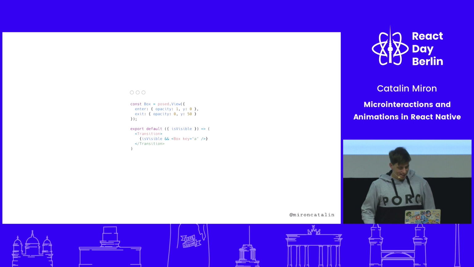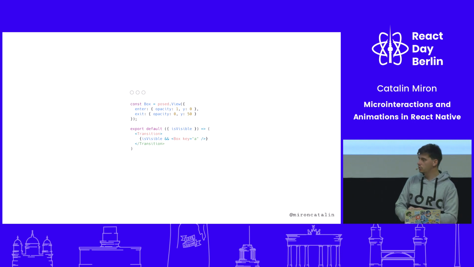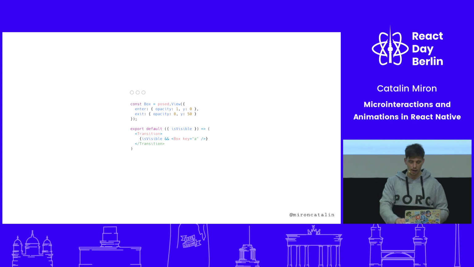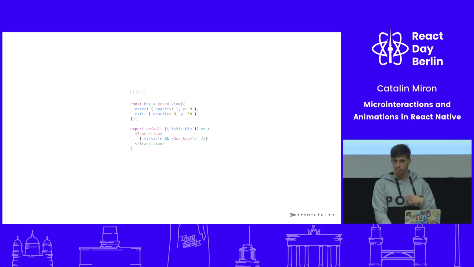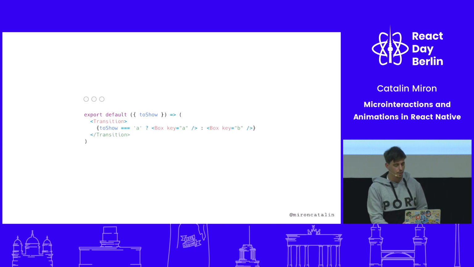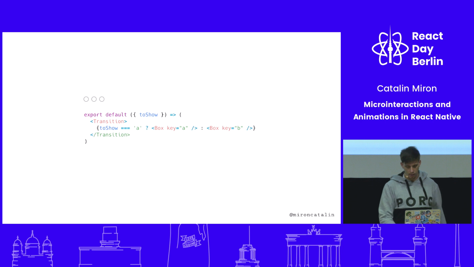Yeah. So PoseGroup transition, again, has enter and exit keys, and you only need to wrap the component with the transition component, and the child is going to, based on a flag, modify the appearing and disappearing of the view. Again, you can also toggle between different components, and it's going to animate both.